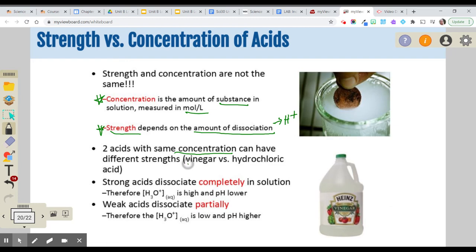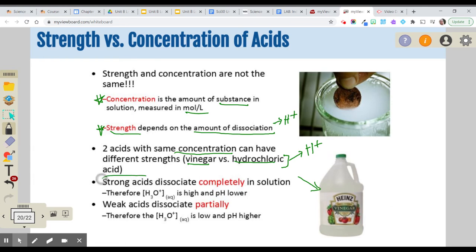Okay, so you can have two acids with the same concentration, but they are different strengths. Something like vinegar, which you can put on your fries, and hydrochloric acid at the same concentration. But the hydrochloric acid is a much stronger acid, so it's going to donate a lot more protons easier, and so you'll have a much lower pH.